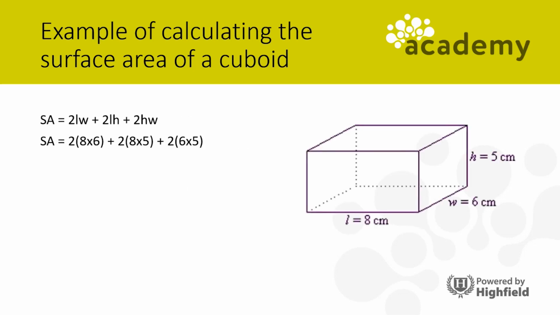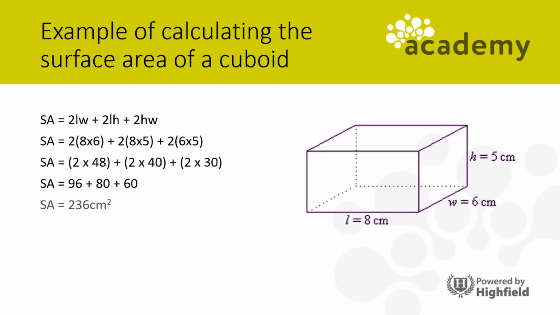In this example, it would be 2 times 8 times 6 plus 2 times 8 times 5 plus 2 times 6 times 5. Or 2 times 48 plus 2 times 40 plus 2 times 30, which is 96 plus 80 plus 60. The answer is 236 centimeters squared.